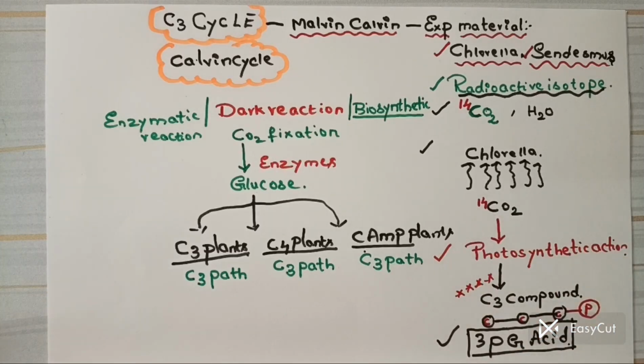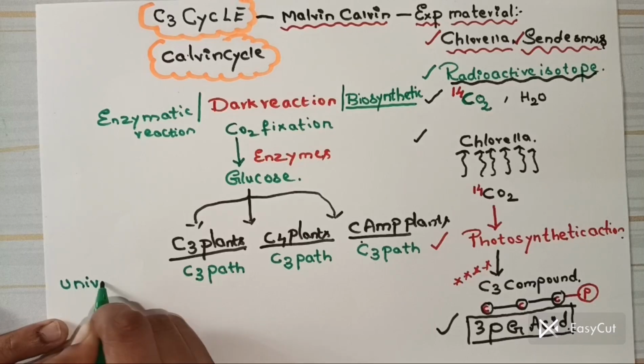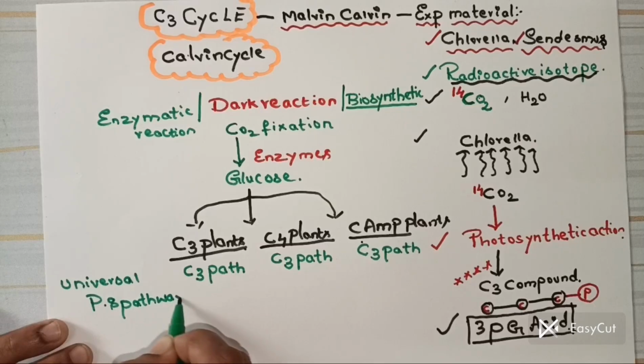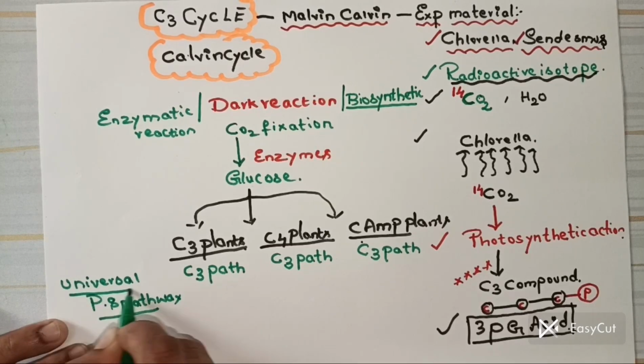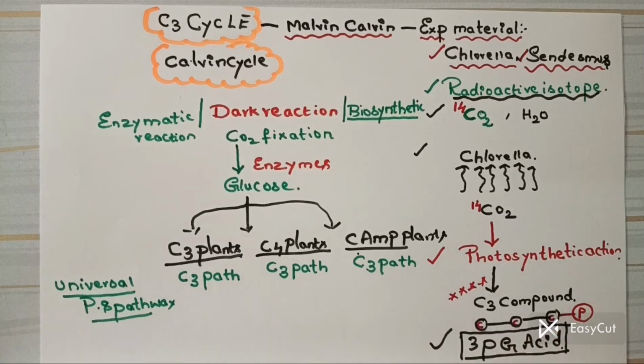That's why people call the C3 pathway, bache, what is this? MCQ: the universal photosynthetic pathway is dash. Your answer should be the C3 pathway, because irrespective of the category of plants, C3 pathway is very common.